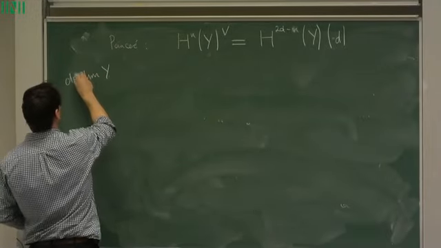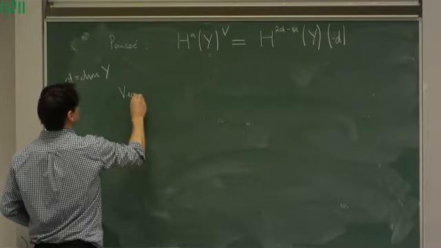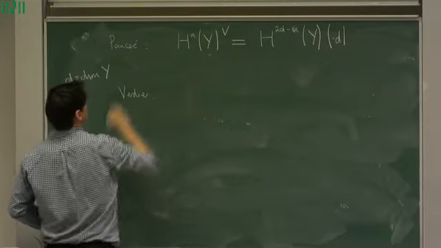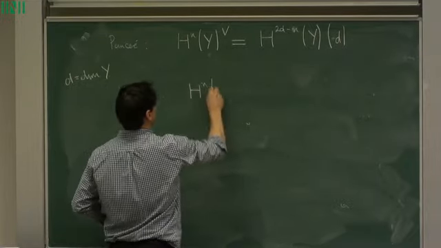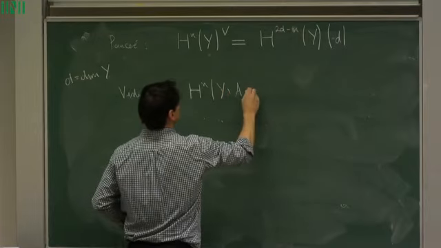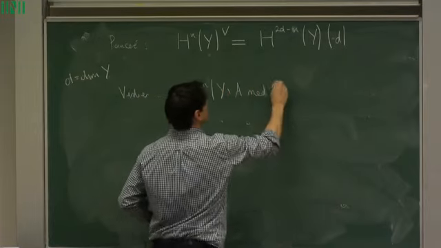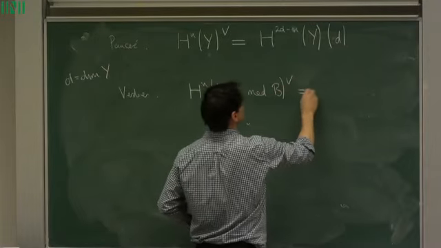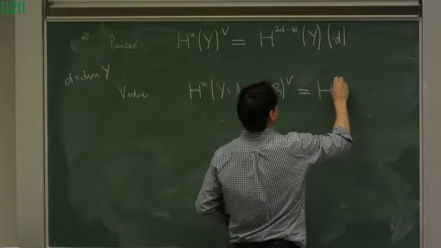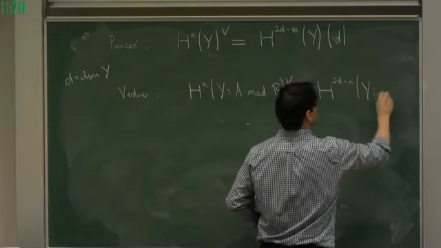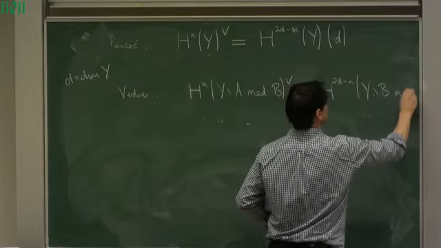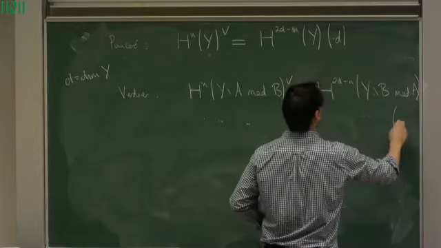And there's a generalization of this duality by Verdier to the more general case we had, Y minus A mod B, and the dual of this is H 2d minus n. It's the same thing, but you switch B and A. And there's a twist of d.